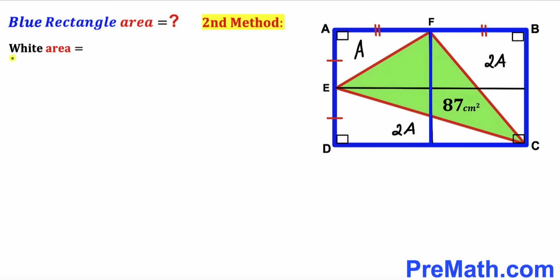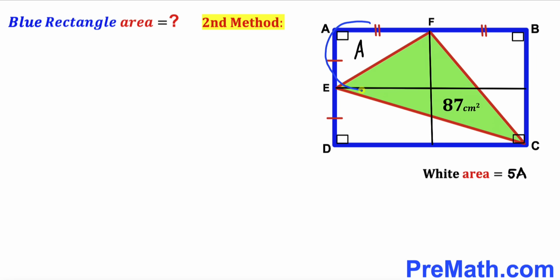So therefore our total white triangle area is going to be A plus 2A plus 2A, that is going to give us 5 times A. So thus the total white area turns out to be 5 times A. And now we are going to focus on this quadrant once again. We know the area of this half of the quadrant is uppercase A. Then the area of this other triangle is going to be uppercase A as well.